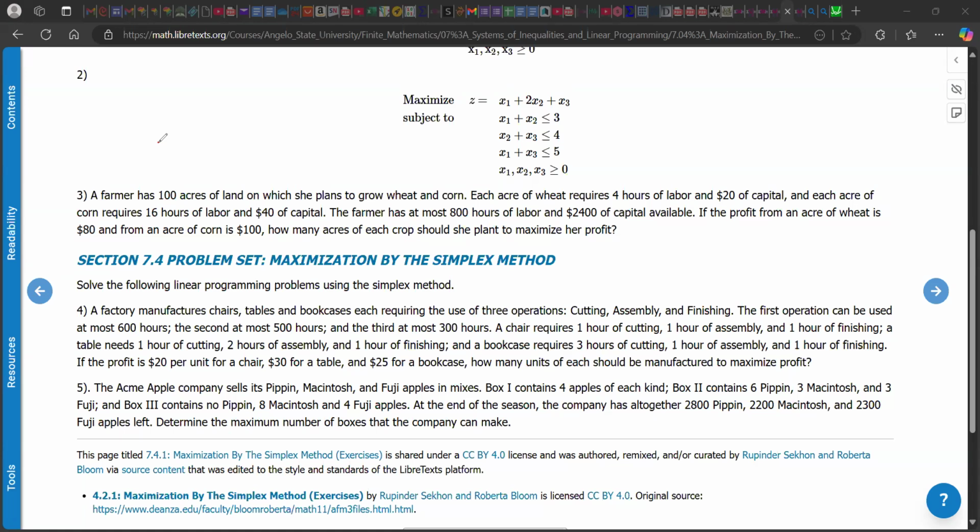The second operation, assembly, can't exceed 500 hours. And finishing can't exceed 300 hours. And they give you a breakdown now of how long chairs take for cutting, assembly, and finishing, how long tables take, and the same thing for the bookcase. They give you that. And they even give you some profit information. It's all there.